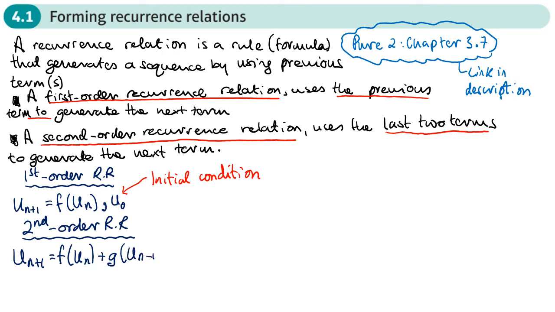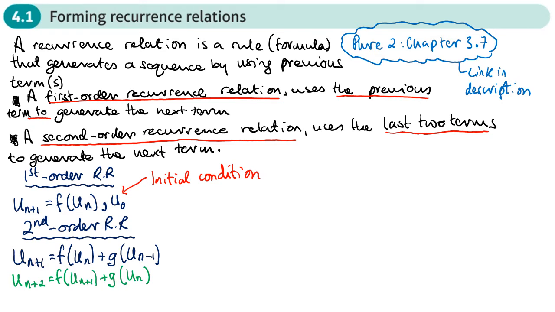So you need the last two terms. Now another way of writing this would be to say un plus 2 is equal to a function of the previous term un plus 1 and a function of the term before that. So this is another way of writing the same thing. It means the same thing. We're using the last two terms to get the next term in the sequence.